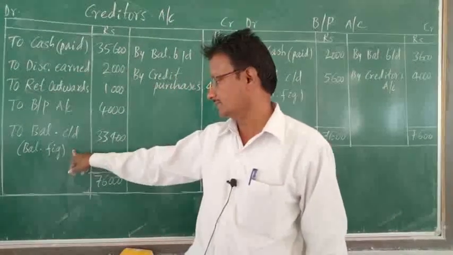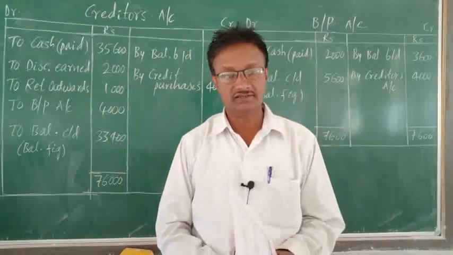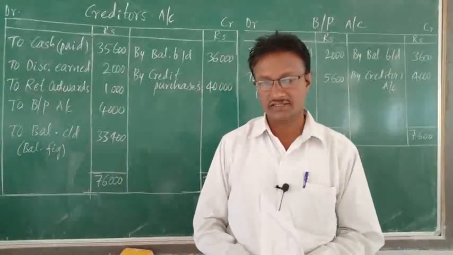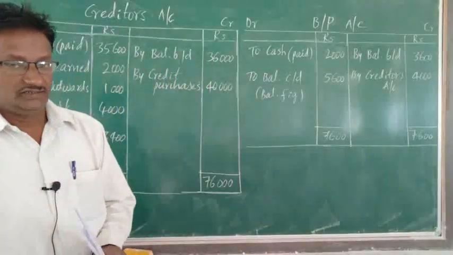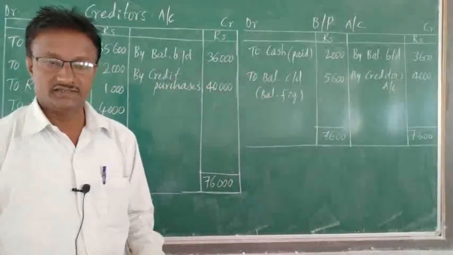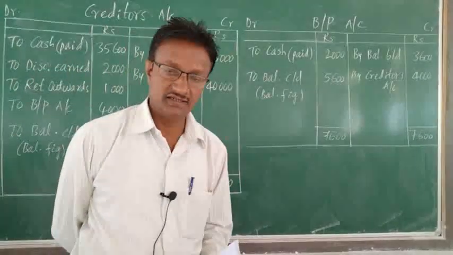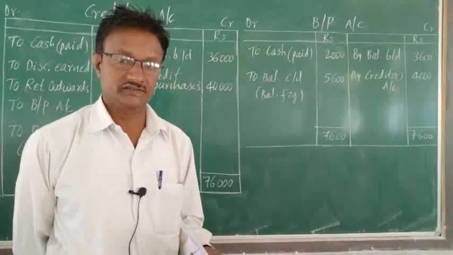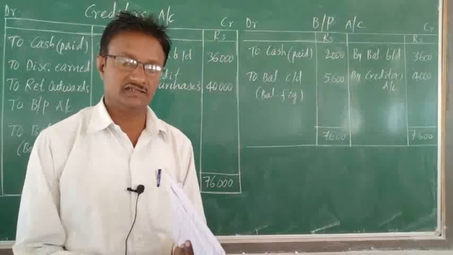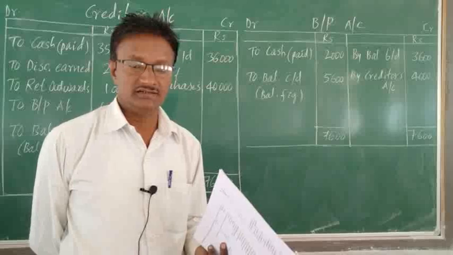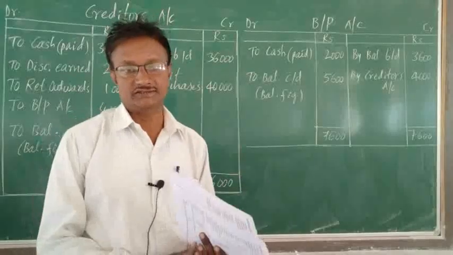It is the balancing figure and the closing balance of creditors. The missing figures related to debtors, creditors, bills receivable and bills payable are the closing balances, that is the balance at the end of the year, and they should be taken in the closing balance sheet.